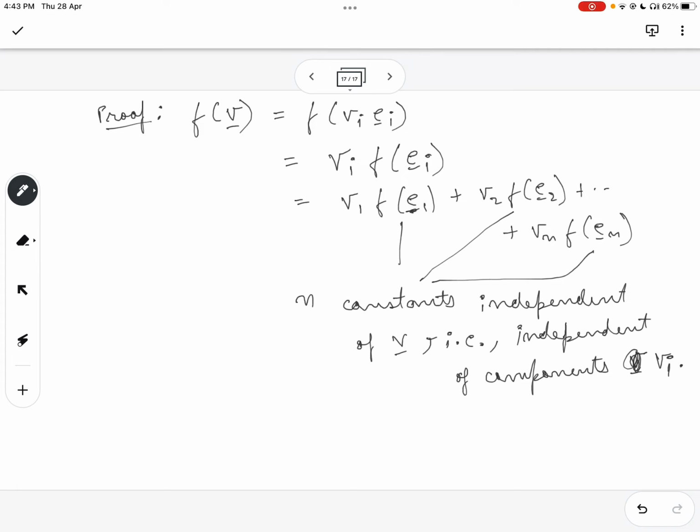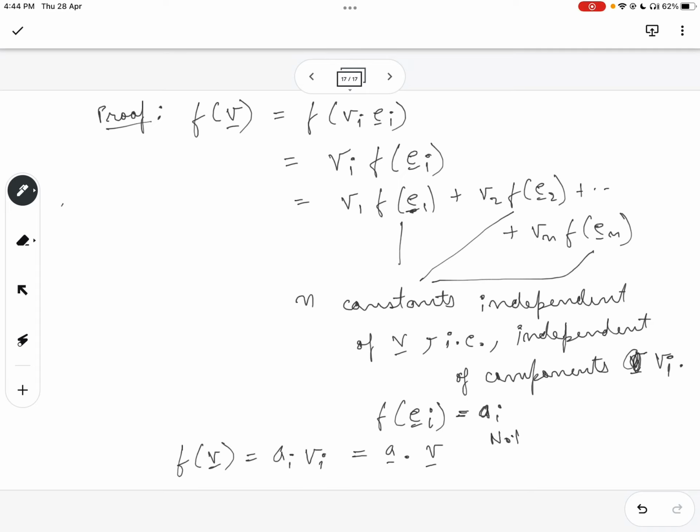We call them ai. So f of ei is ai, a scalar, as f is a scalar valued function. Therefore, f of v becomes ai vi, which is, as we have seen before, A dot v.